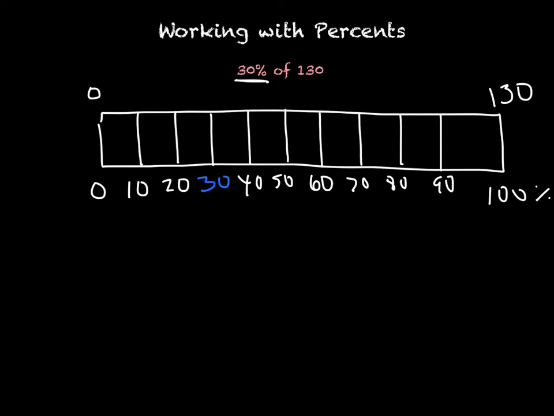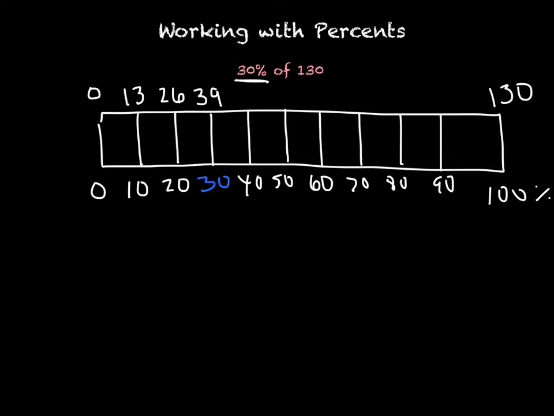So now what I have to do is divide my 130 by 10 equal parts. Since I cut my bottom portion into 10 equal parts, I'm going to cut my top portion into 10 equal parts. And like we talked about earlier, we're going to divide 130 into 10 equal parts, so we get 13, and then we get 26, and then we get 39.